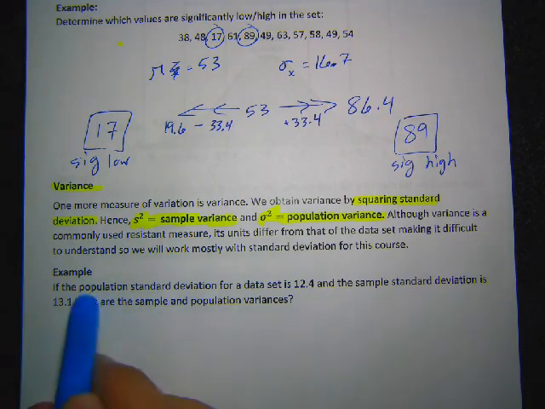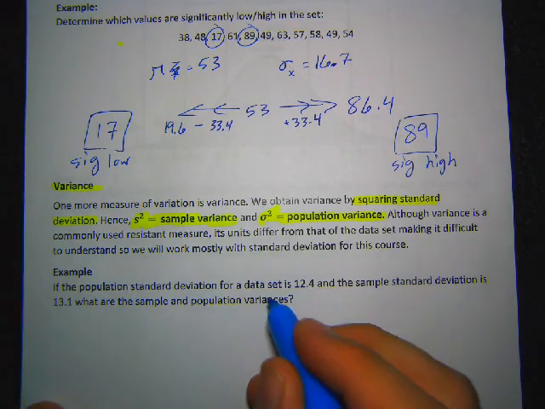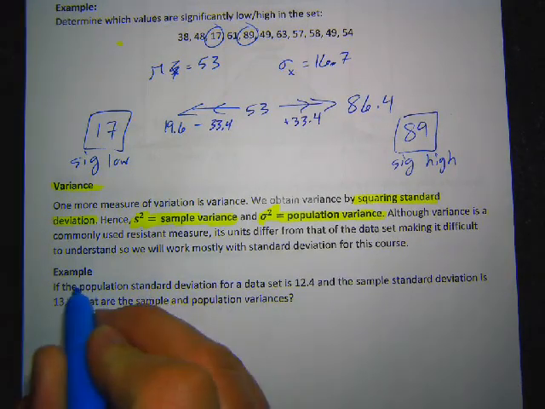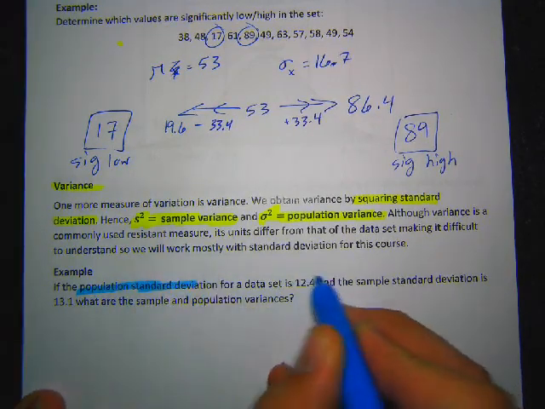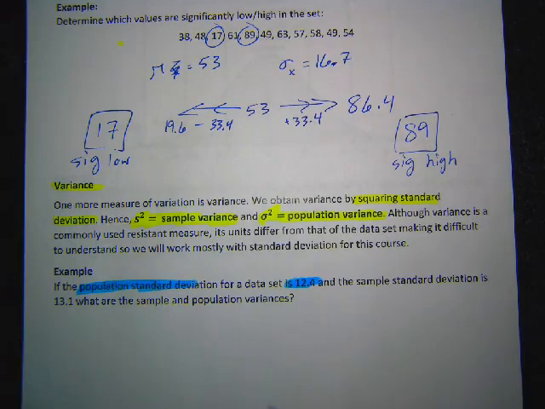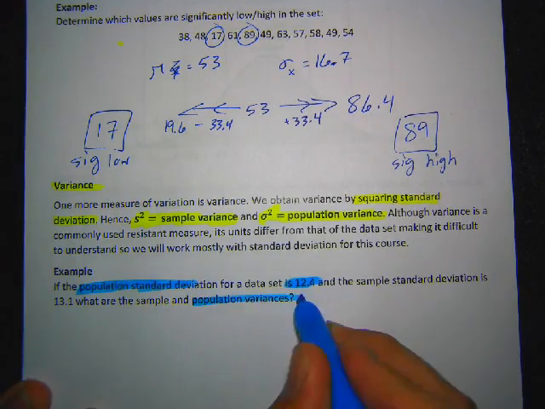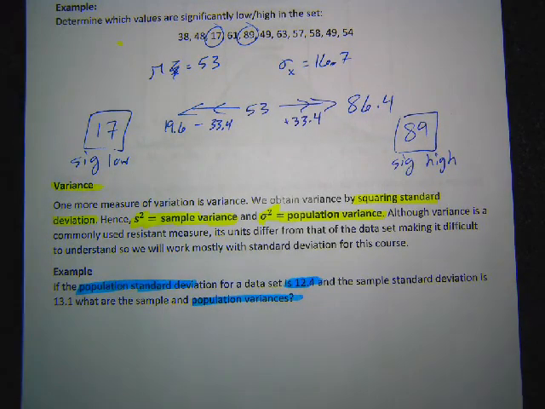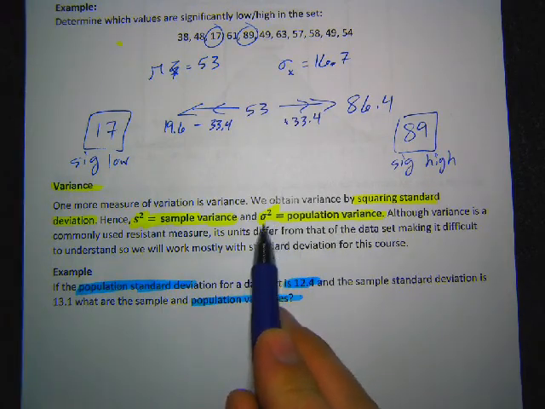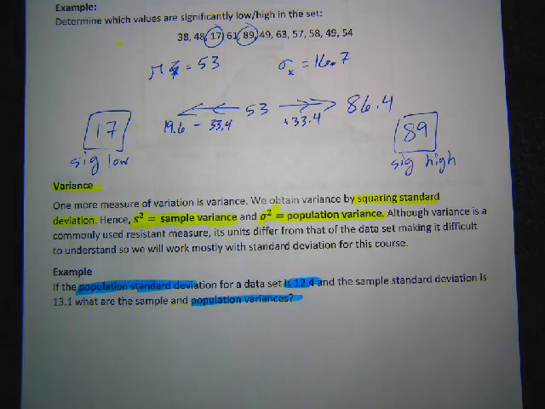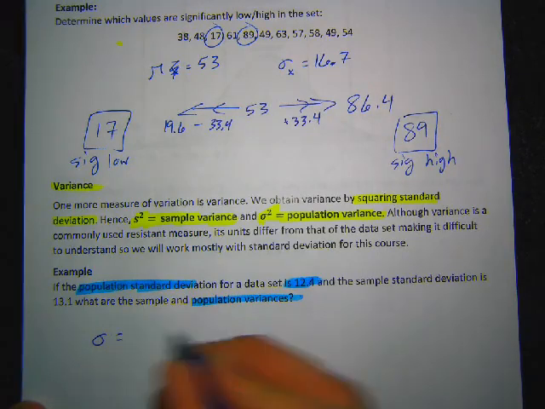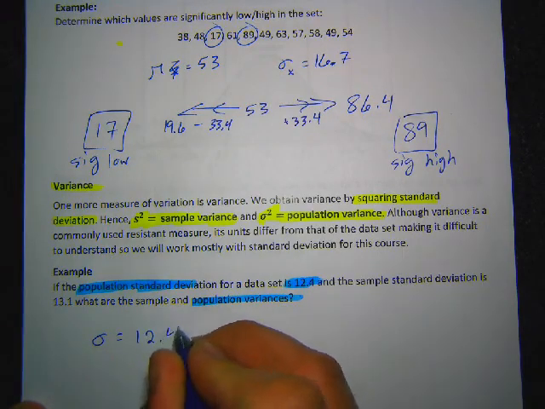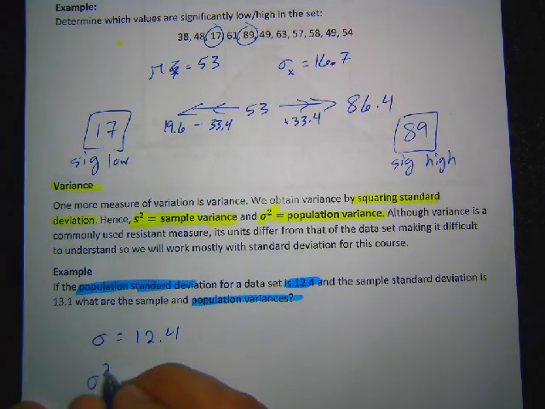Okay, so first off, they tell us the population standard deviation is 12.4, and they ask us to find the population variance. Population variance is just the square of the population standard deviation. So the standard deviation for this population is 12.4, and the variance is just that squared.